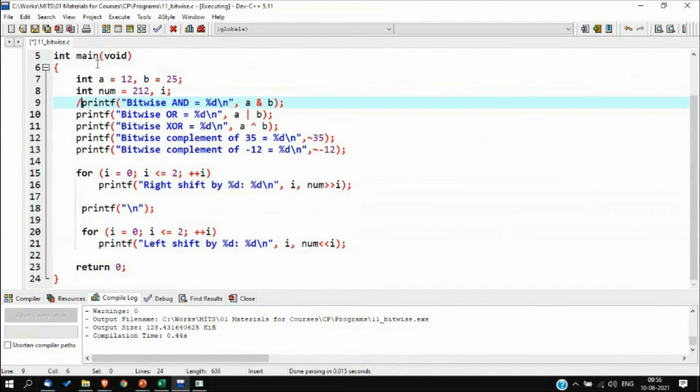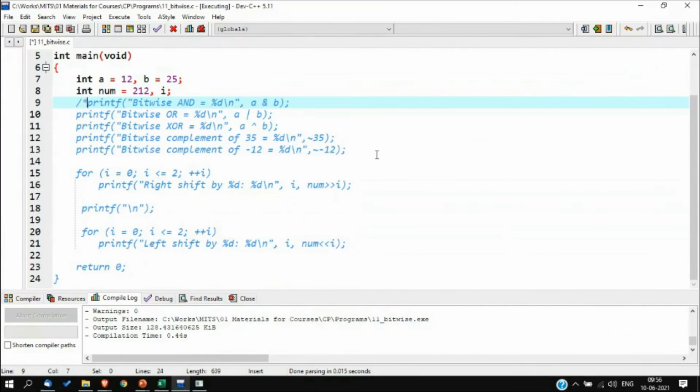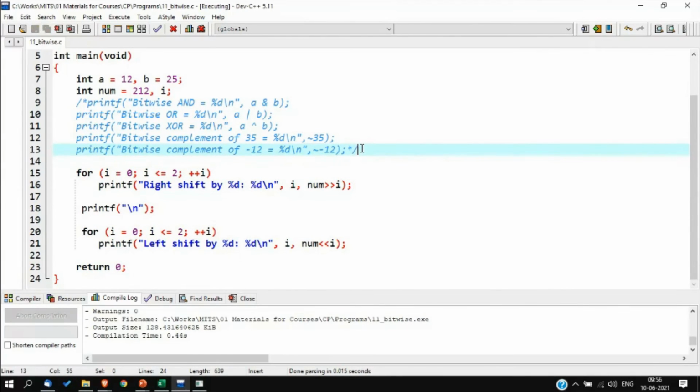The NUM value is taken as 212, and there is an integer I. For I equal to 0, I less than or equal to 2, that is I is 0, 1, 2, we are shifting the value: NUM right shift I, so the right shift by 0, 1, and 2 is done. Then NUM left shift I, so left shift 0, left shift 1, and left shift 2 is done.